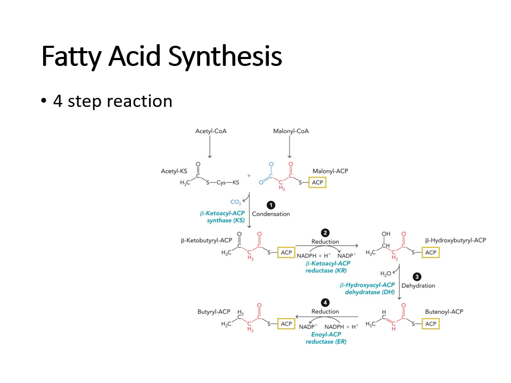Now, when it comes to fatty acid synthesis, I'm not going to make you memorize all of the structures that you see here. I just want you to know that it is a four-step process. You kind of saw this in the figures on the previous slide. Each step has the fancy enzyme name, such as beta-ketoacyl ACP synthase, beta-ketoacyl ACP reductase, beta-hydroxyacyl ACP dehydratase, and then enoyl ACP reductase.